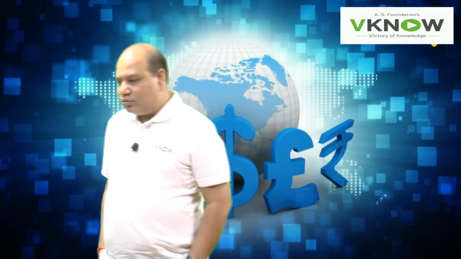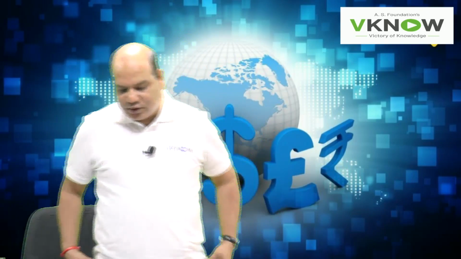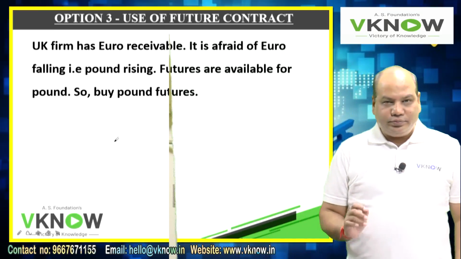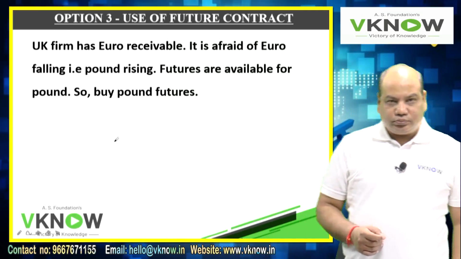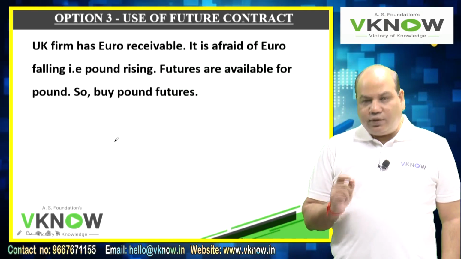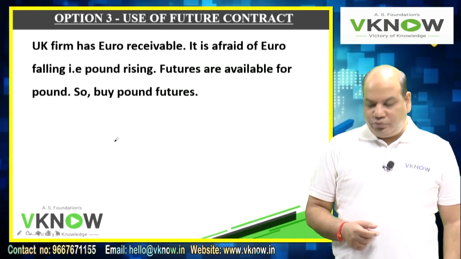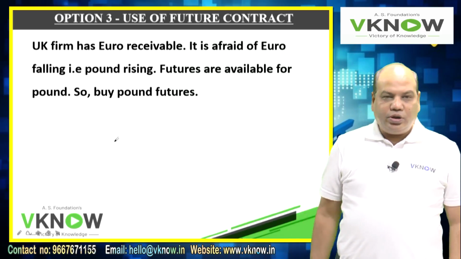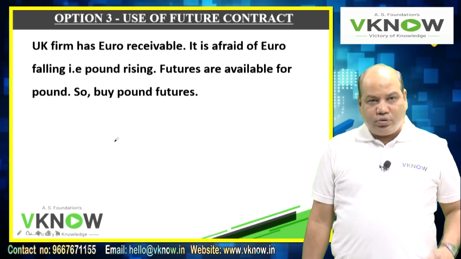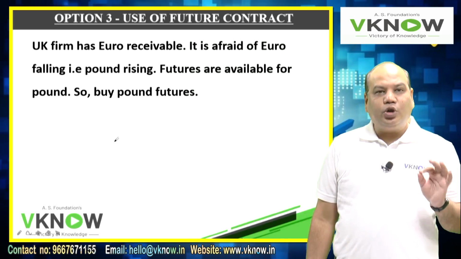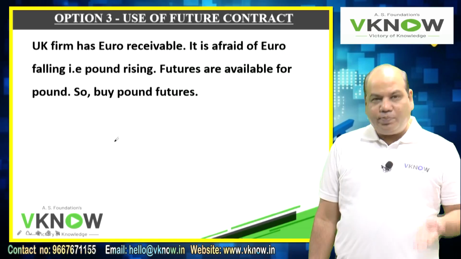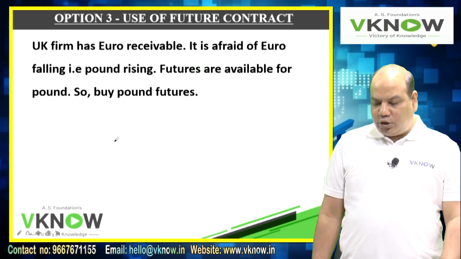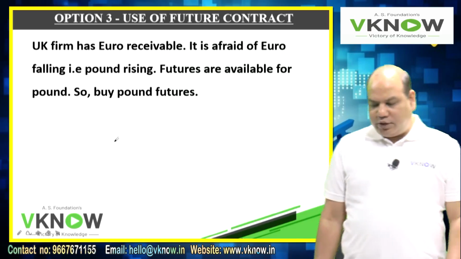Okay, now check the answer. Option 3, use of future contract. We'll write a note. The UK firm has euro receivable. It is afraid of euro falling, that is pound rising.